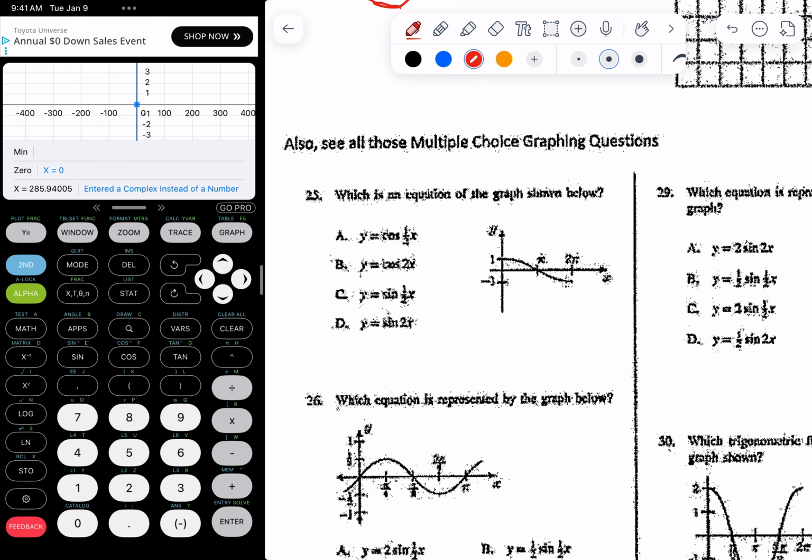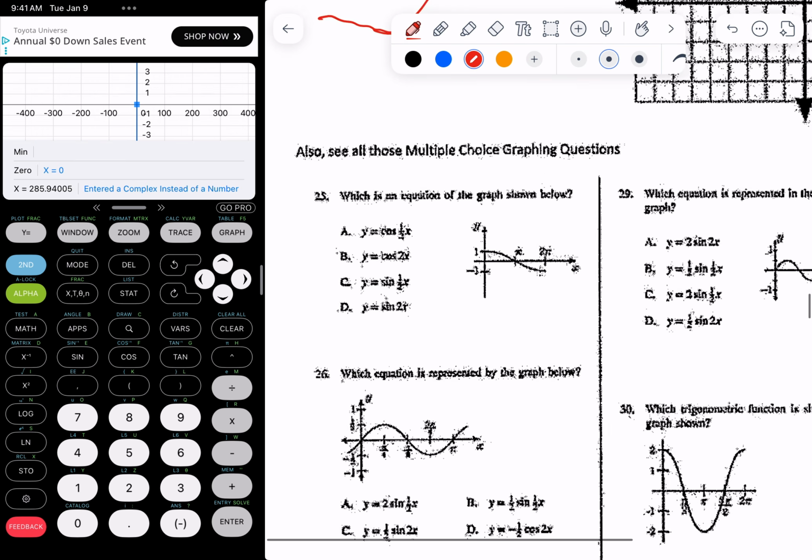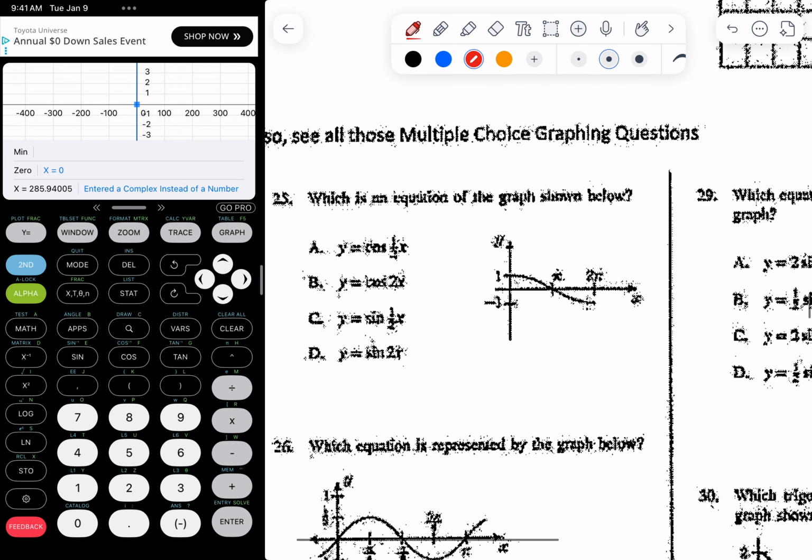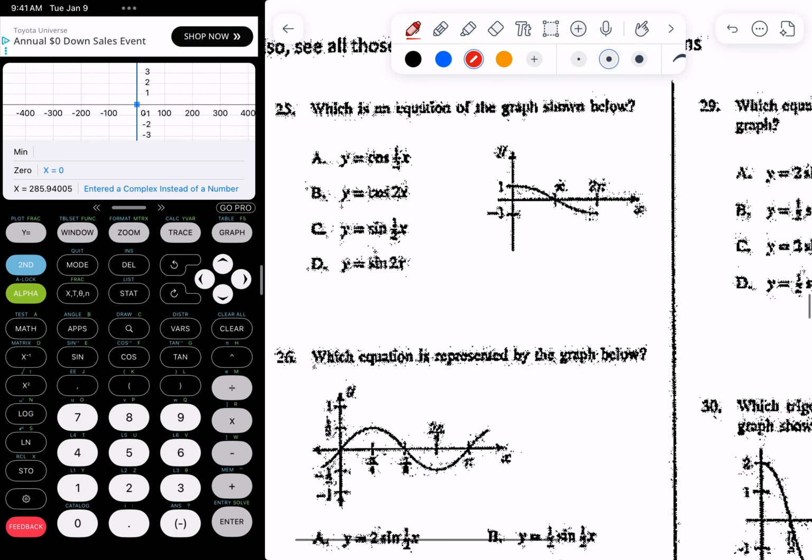Okay, which is an equation of the graph shown below. So if it were cosine half x, that means it would go... So let's start with cosine full x, just cosine x. Cosine x would have a full thing by 2 pi, right?